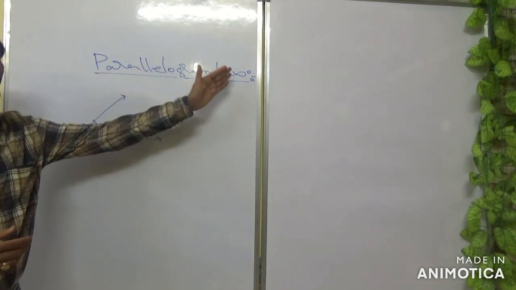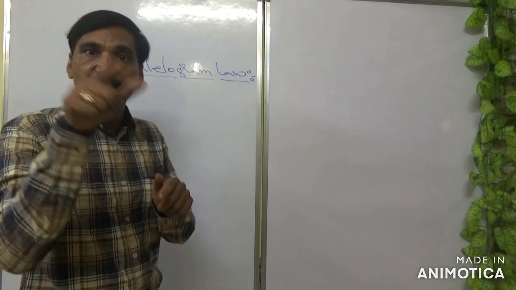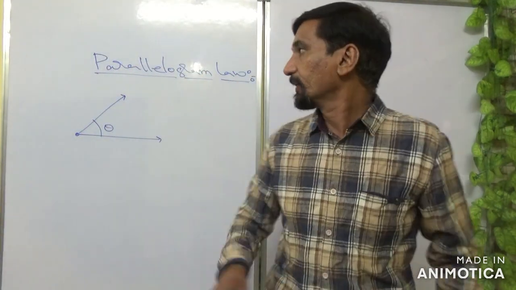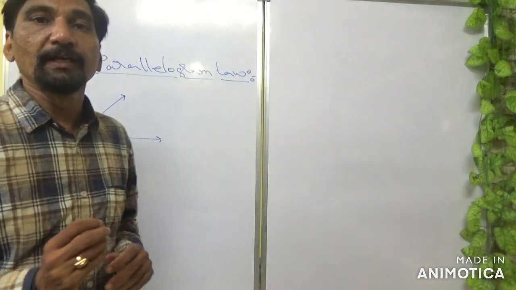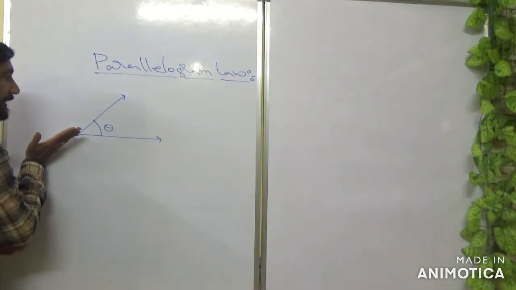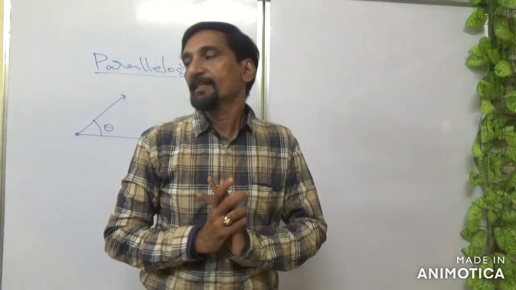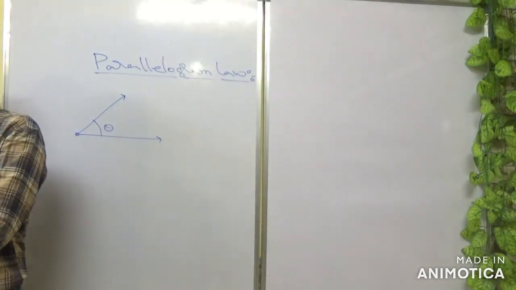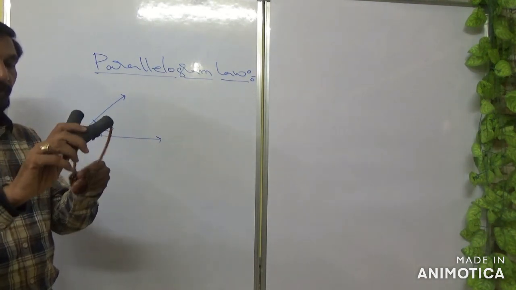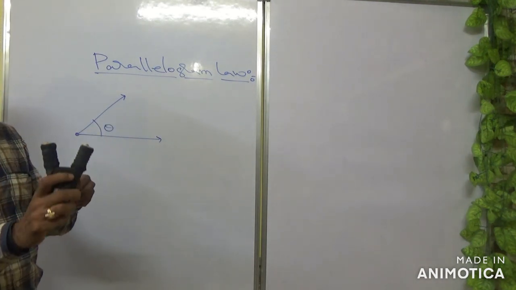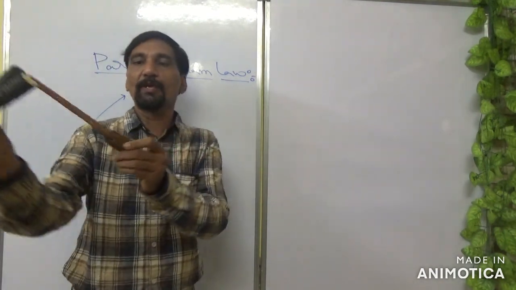According to the parallelogram law, whenever two vectors are taken as adjacent sides of a parallelogram, its diagonal gives their resultant. You see this catapult: you take one object and apply some force in this way.